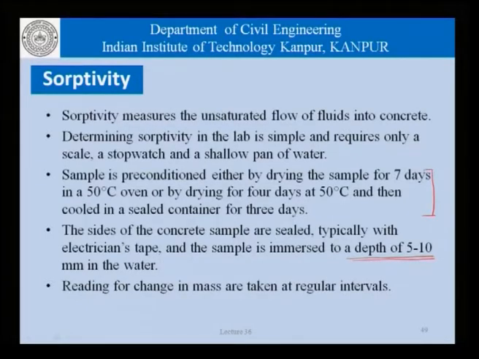So, basically what is done in this test is we have a pan, we fill it with water and we immerse a concrete specimen like this, and this depth of immersion here is kept to about 5 to 10 millimeters, and we try to see how much water goes into this specimen through capillary action.